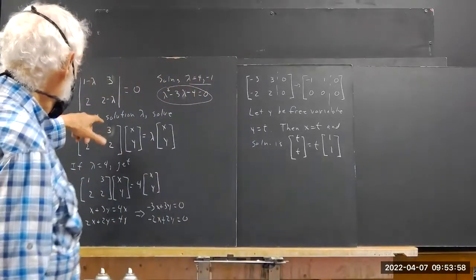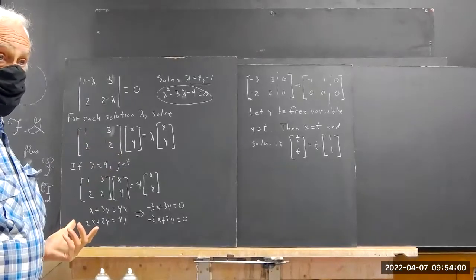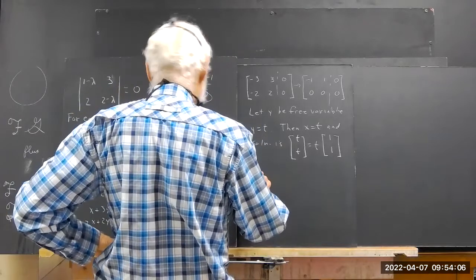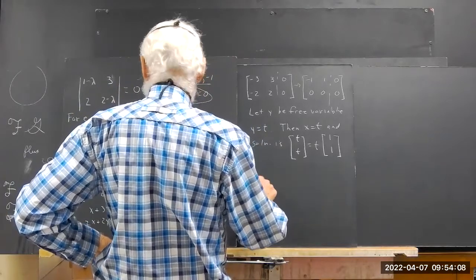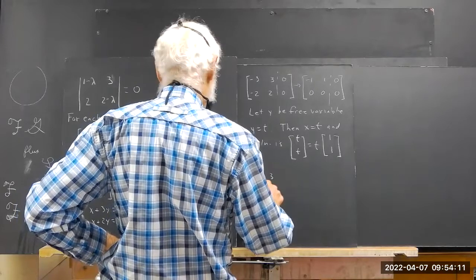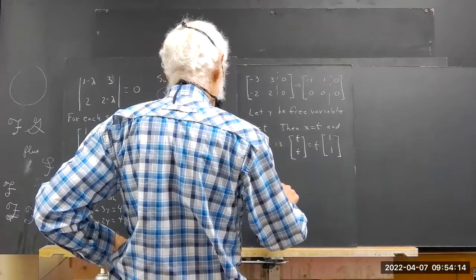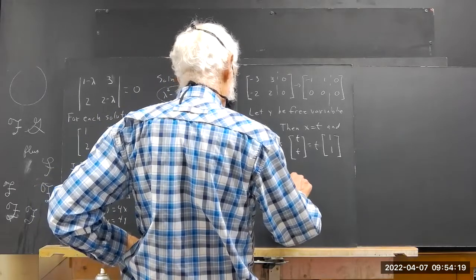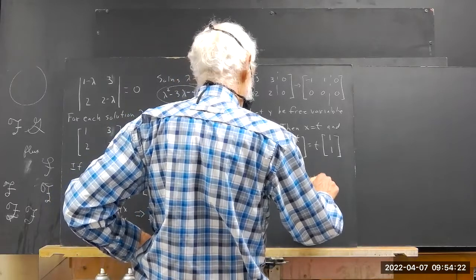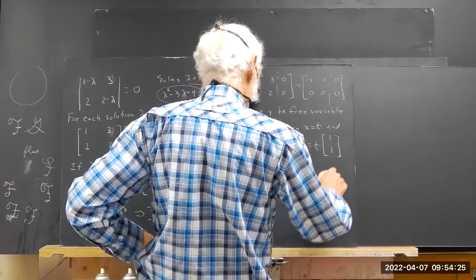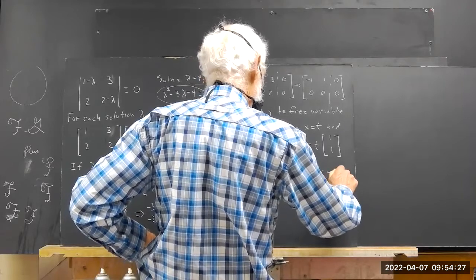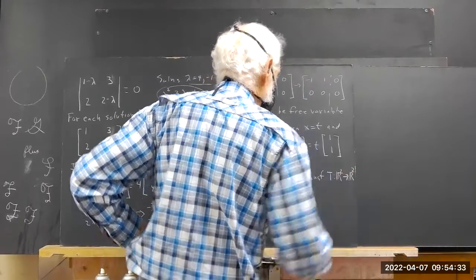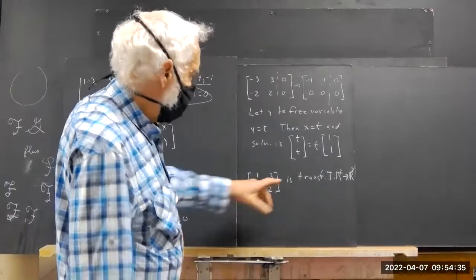This is a transformation of R2, right? Okay, so what we know then is that your matrix, I say, is a transformation.